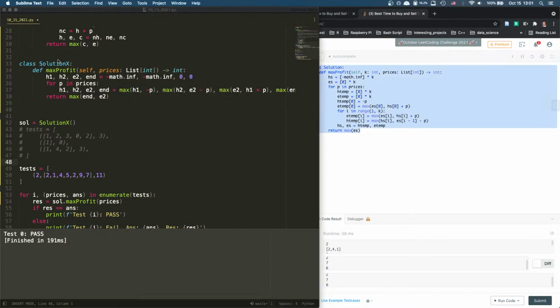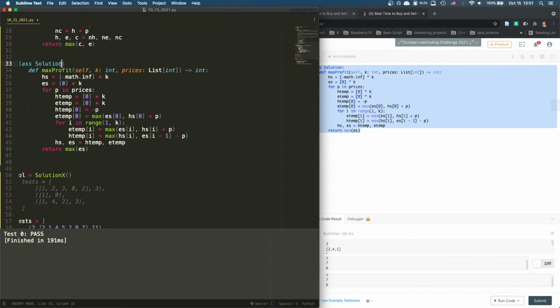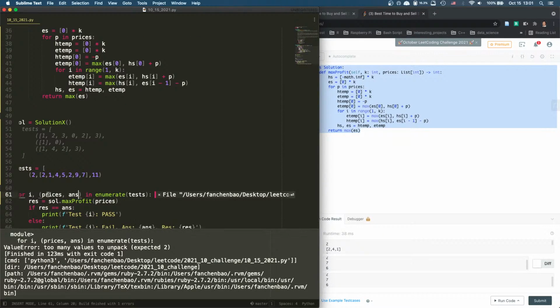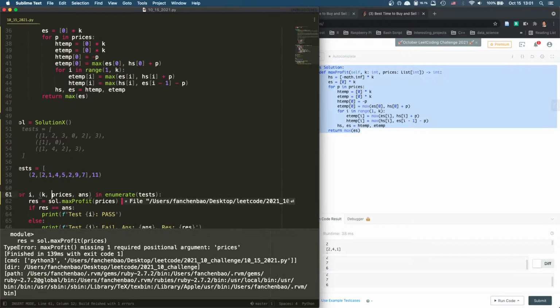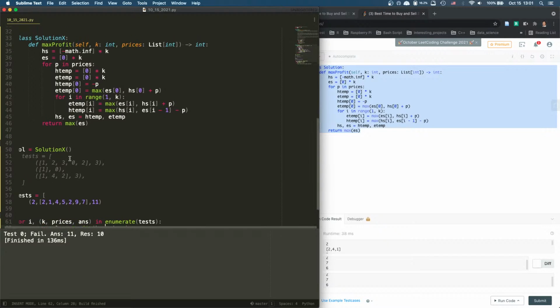Let's take a look. Prices. We also have K. Max profit. Okay. So we have 2.